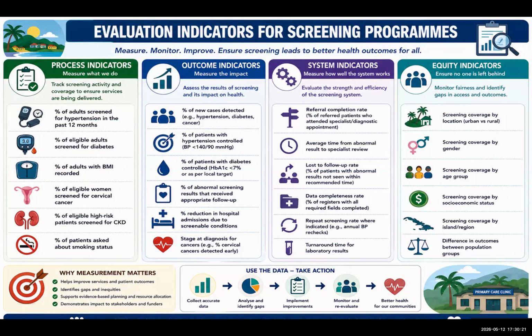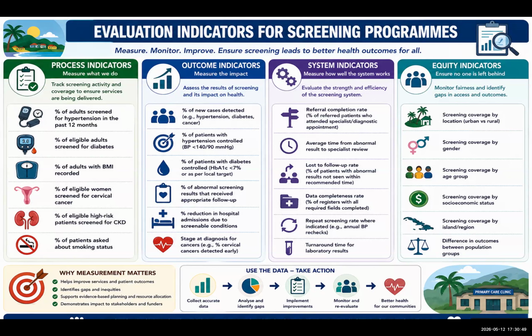And once we can do this and make sure they are screened and referred, we need to see how many new cases of hypertension and diabetes, or patients who have controlled their chronic disease, are being picked up. If we pick up a cancer, how early do we do it? We're trying to not pick up patients who are stage 4, but maybe stage 1 or stage 2, right? The earlier we pick it up, the better the outcome.